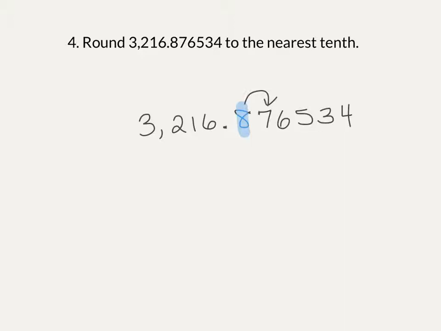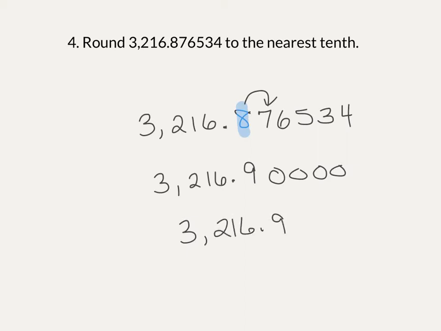Since 7 is greater than 5, we're going to round the 8 up to 9. So our answer is 3,216.9. And again, since this is a decimal, the zeros behind the 9 are not needed. So we can write this as 3,216.9, and that's our final answer.